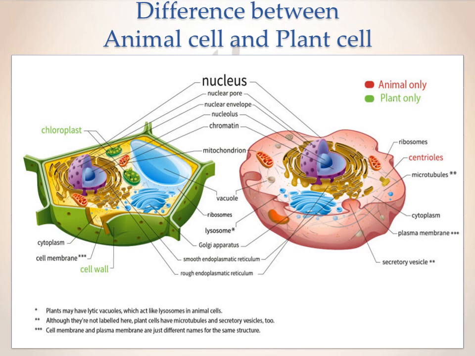Mitochondria number is large in the animal cell but less in the plant cell. The chloroplast represents the plastid in the plant cell, which is absent in the animal cell. Centrioles, on the right hand in red color, represent the animal cell, and are absent in the plant cell. Now we move further.